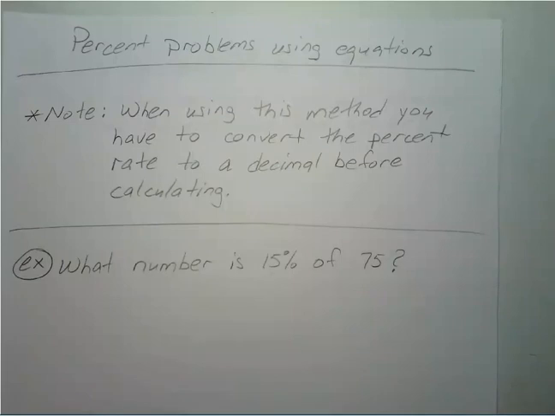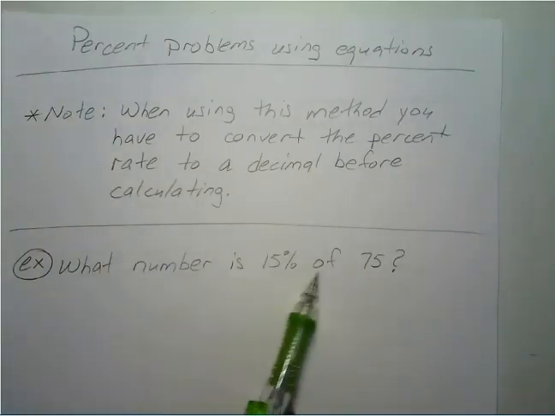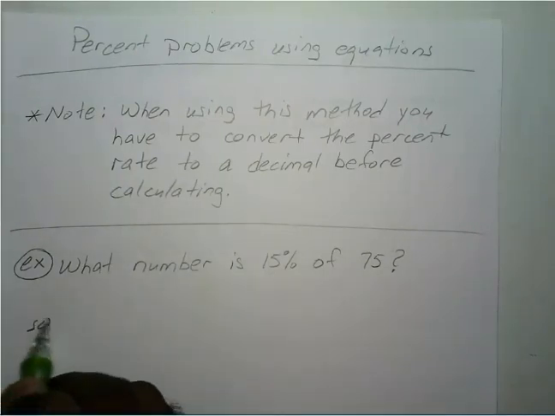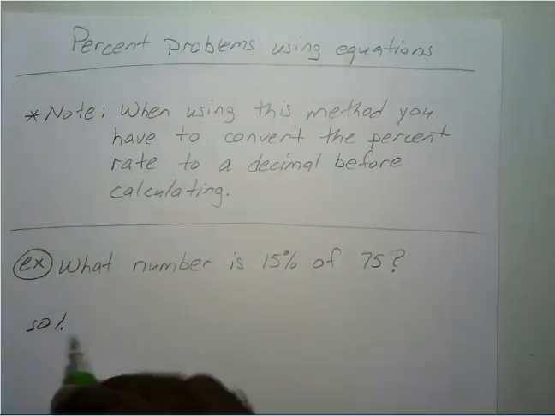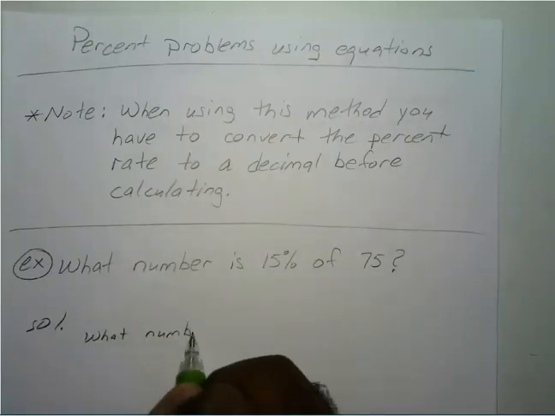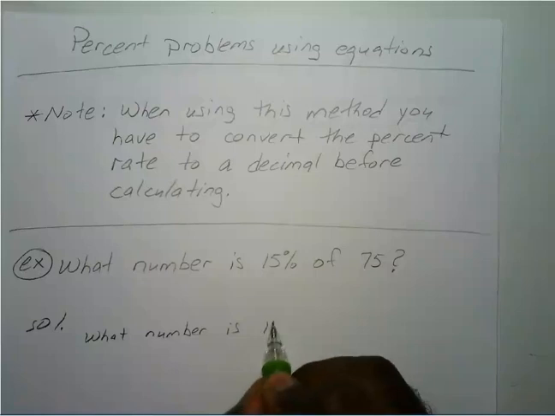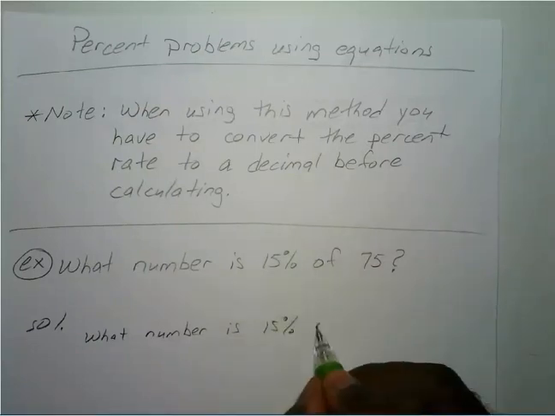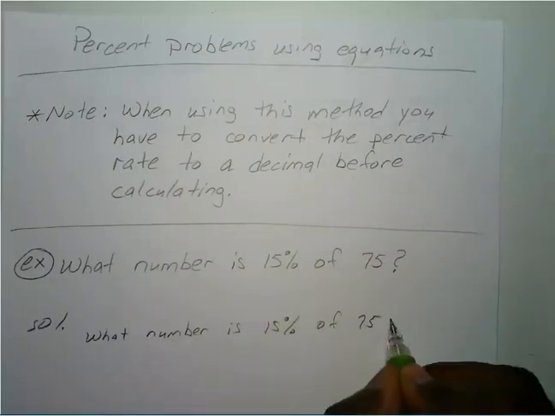All right, so let's look at an example of how to solve this using equations and not using the proportion formula. Okay, so what number is 15% of 75? Okay, so to solve this, I'm going to go ahead and rewrite this. So what number is 15% of 75.